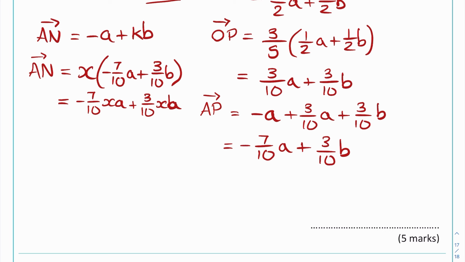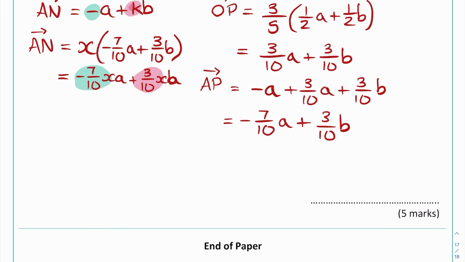So in the top one, the coefficient of a is -1, minus a is just -1. In the bottom one, the coefficient of a is minus 7/10 x. Likewise, the coefficient of b is plus k in this one, and the coefficient of b is plus 3/10 x in this one. So we've got two equations.